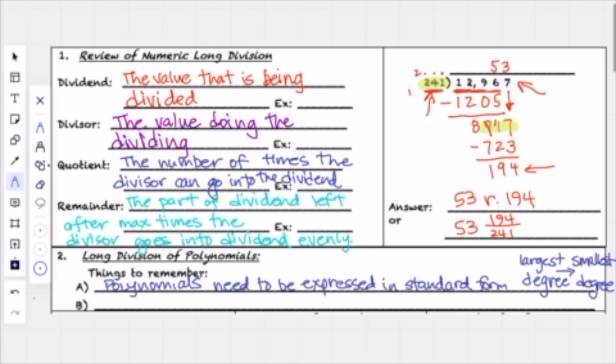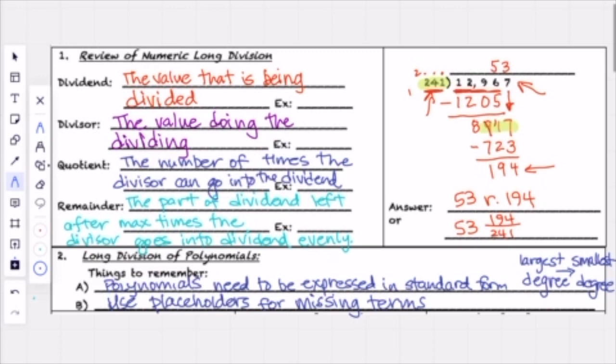Okay, the other thing that we're going to keep in mind here is that we want to use placeholders if we have missing terms. Okay, what does that mean? Well, that means if our largest power in our polynomial is a third degree power, I should have every power under that third degree.